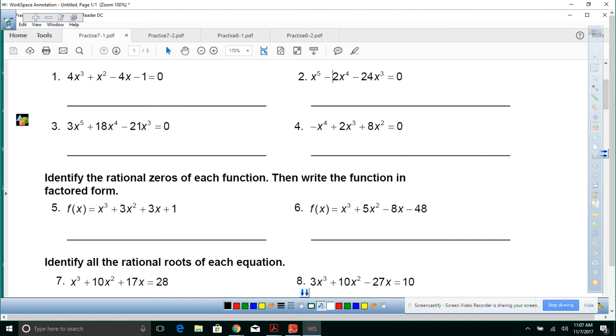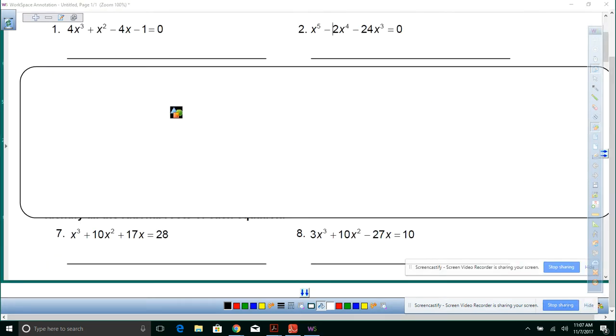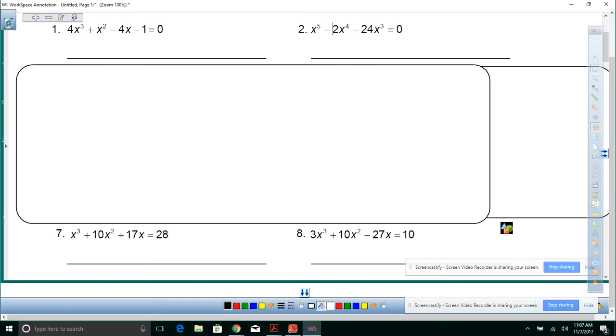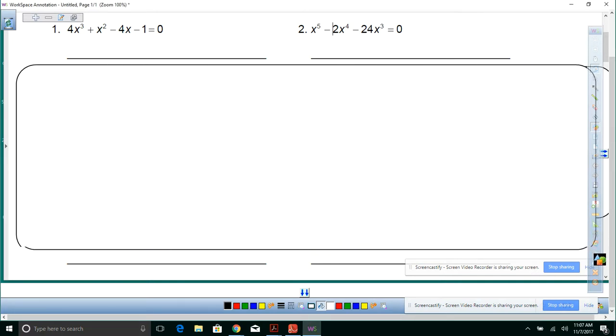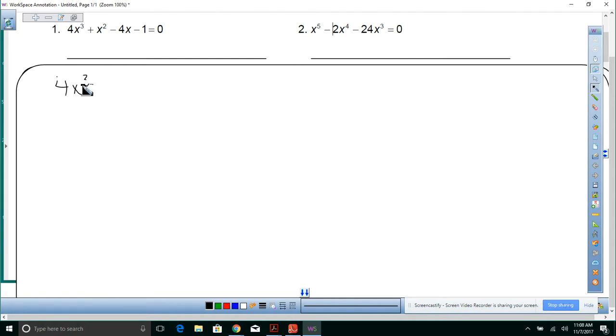We have 4x cubed plus x squared minus 4x minus 1.